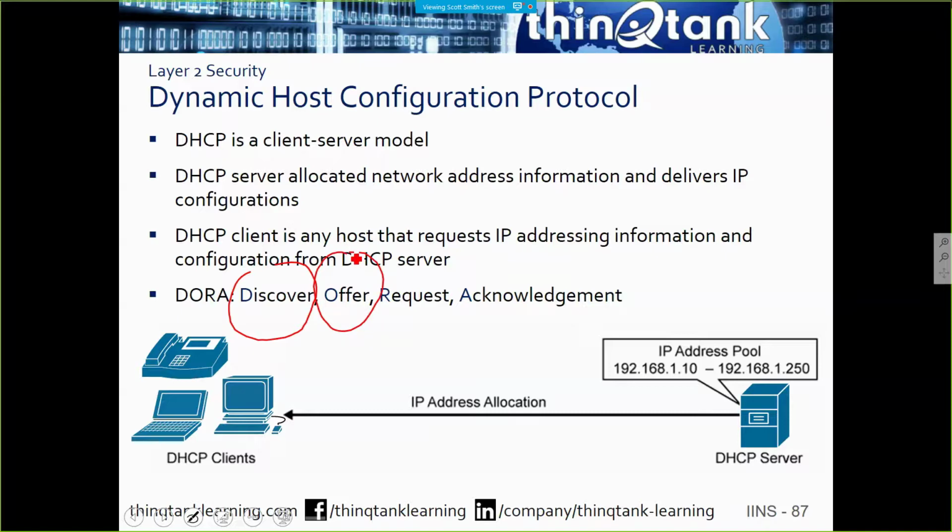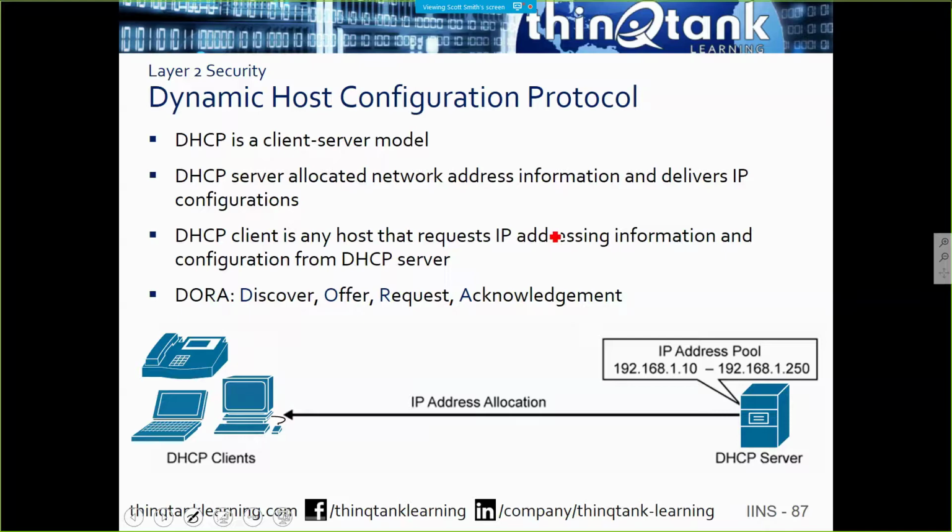Then we have a DHCP offer, which comes from the server. We talked about this in the CCNA class. And then we have the request, which comes from the client saying, I like what you have to offer. Can you go ahead and assign me that information? And then I finish up my transactions with an acknowledgement from the server saying, this lease is now active. Go ahead and use the address.